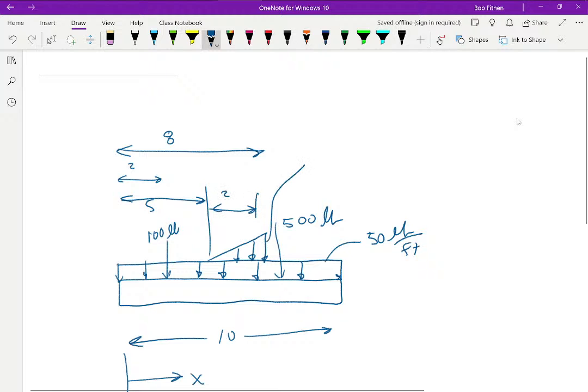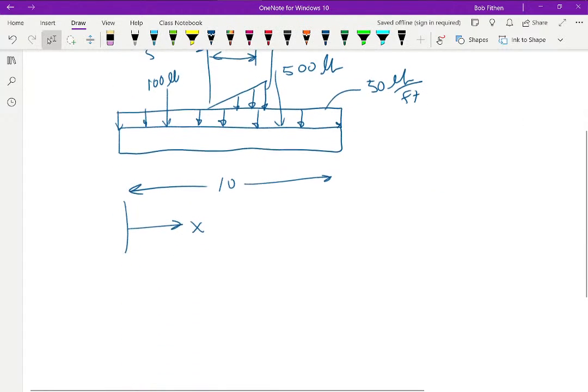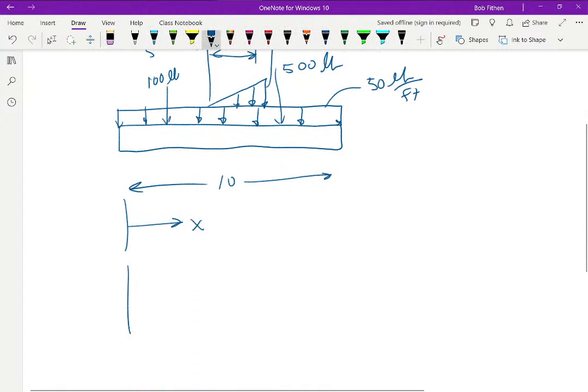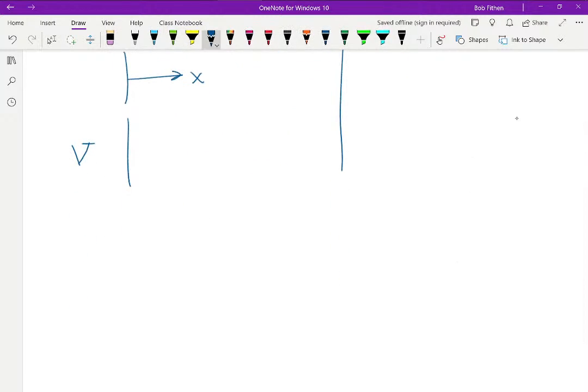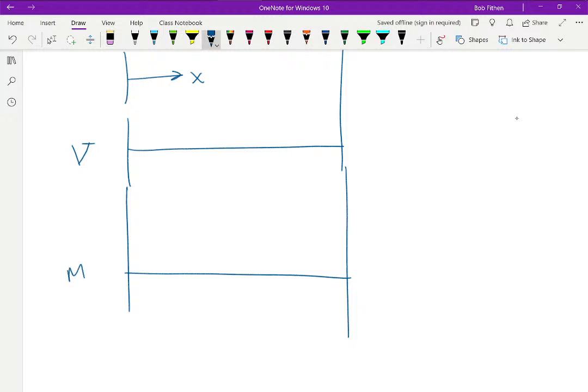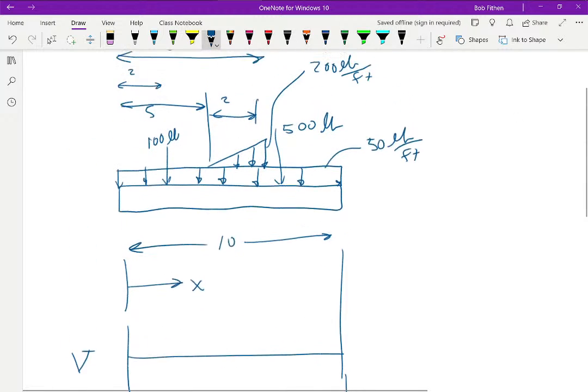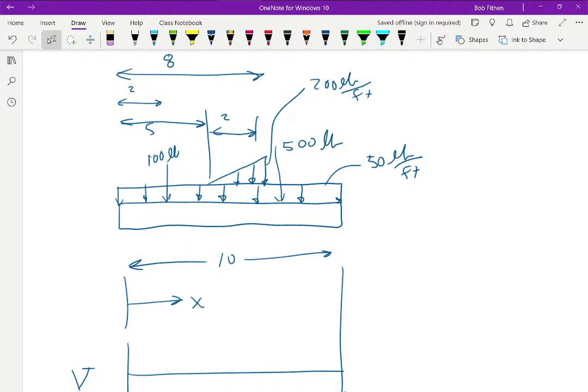And the height on the far end is going to be, let's see, 200 pounds per foot. So this is a lot going on. I'm going to show you how to use MATLAB to get the shear diagram and the moment diagram out of here. But before I do, I've got to identify that I actually have 4 loads.